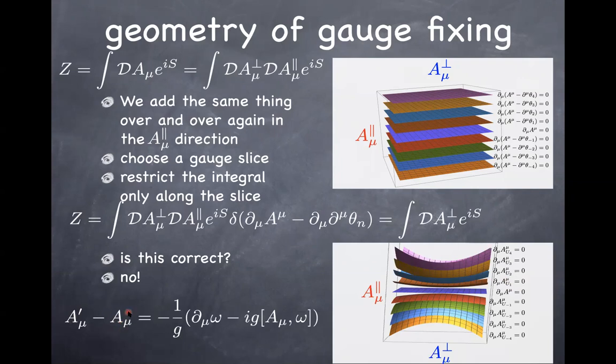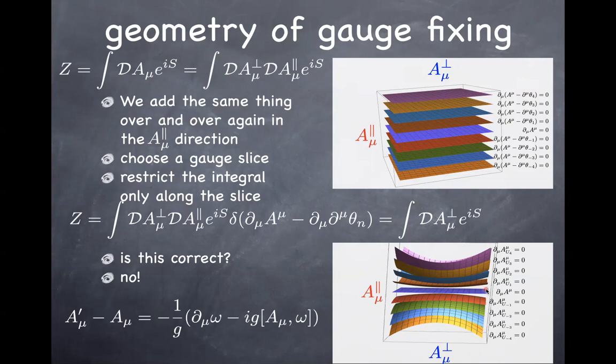This is the original one, A mu, this is a new one, A prime mu, and the difference depends on the derivative of the gauge parameter, just like in the abelian case. But there is yet another piece that involves the gauge field itself. Namely, the distance between one gauge slice and another gauge slice depends on where you are in the horizontal direction. That depends on A perp.